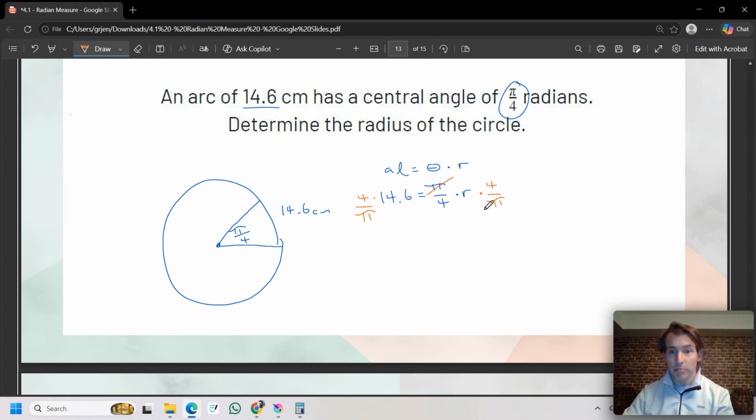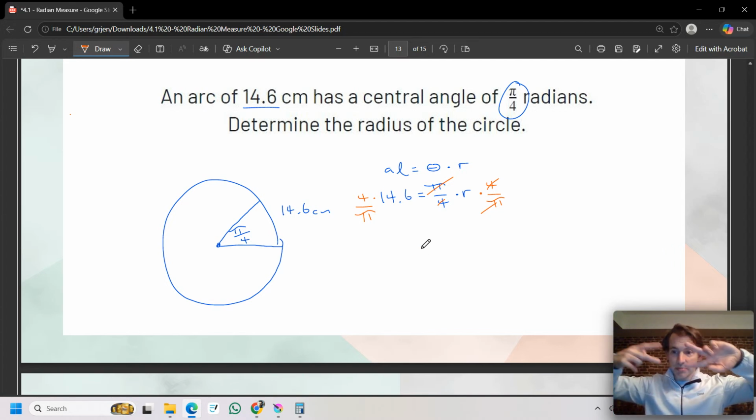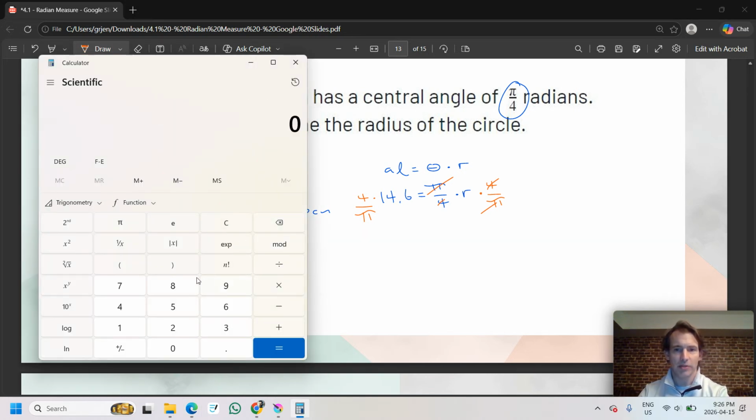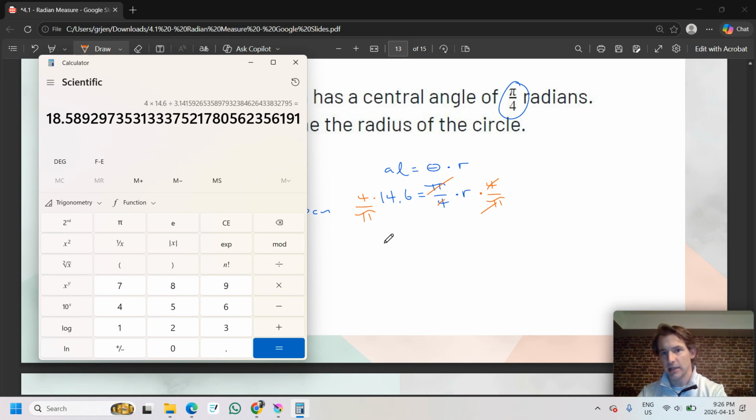Well, dividing by pi on 4 is the same thing as multiplying by 4 on pi. Dividing is the same as keep, flip, change, right? So I just go straight to the changed into multiply and do that. So this is a calculator problem if I ever saw one. 4 times 14.6 divided by pi is equal to 18.589.